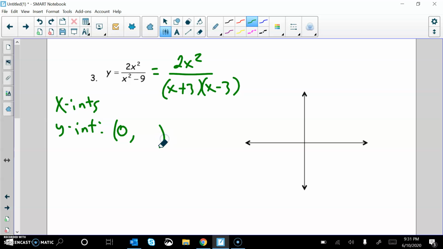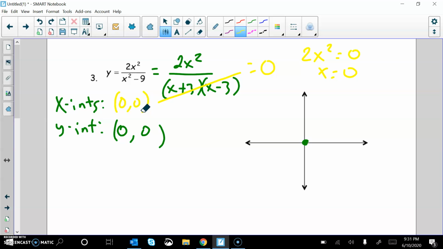Y-intercept, plug in 0. What are we going to get? 0 up top, 9 on the bottom, so 0, 0. X-intercepts, that'll occur when you set it equal to 0 and solve. Step 1 would just cancel that. So again, a shortcut is just set your numerator equal to 0. So it's the same spot.